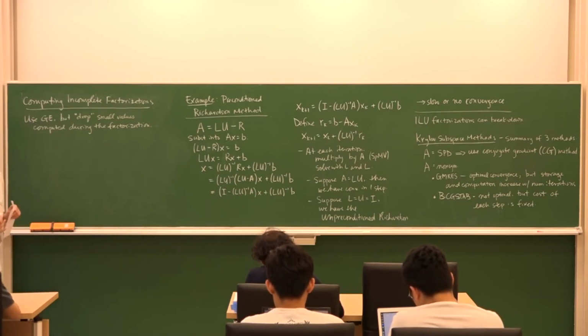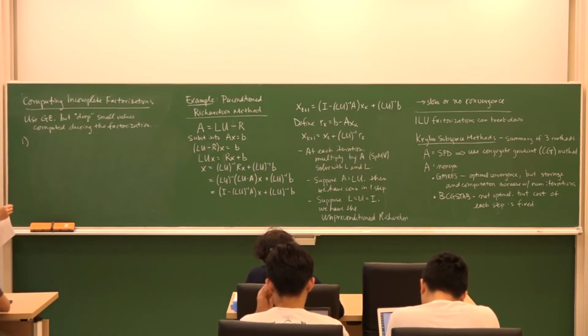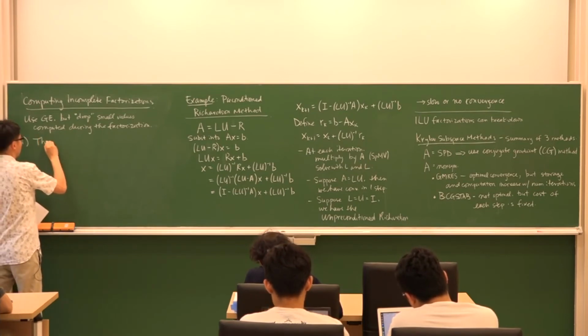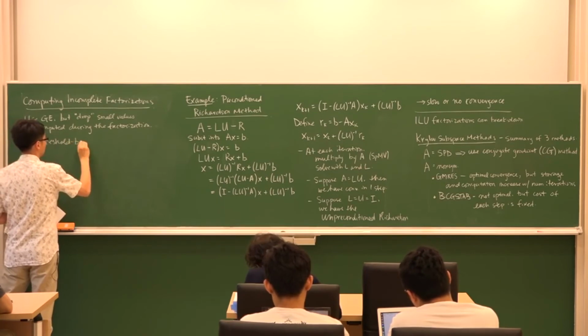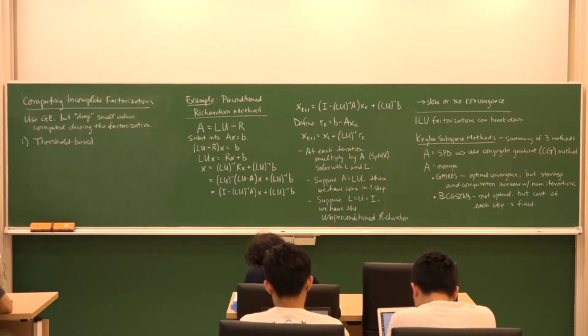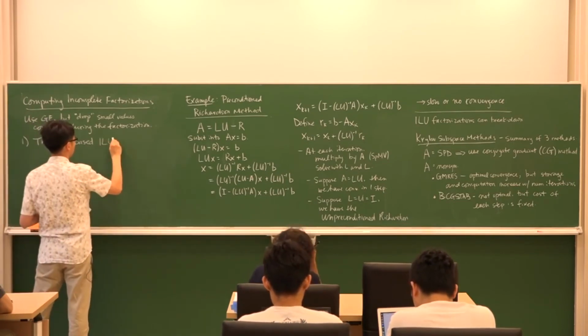There are two ways of dropping small values, and I'm going to start with one way, and it's really a family of ways, and this is called threshold-based. So I call it threshold-based ILU.